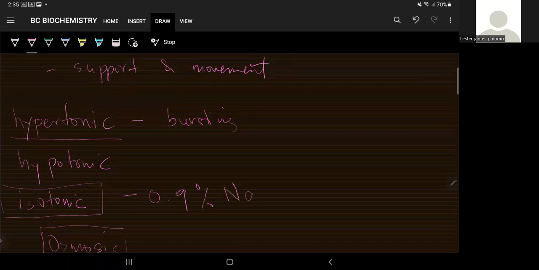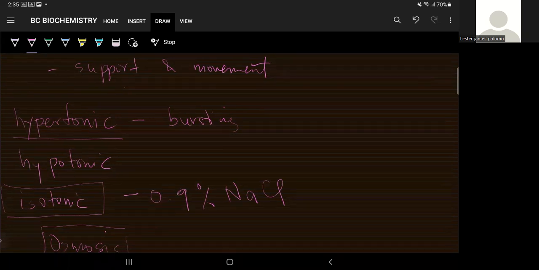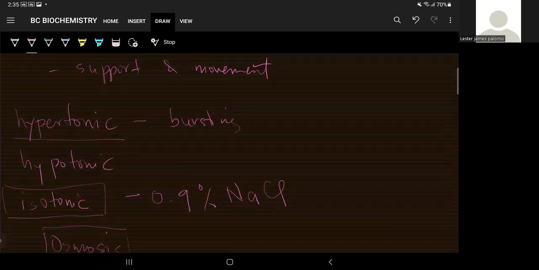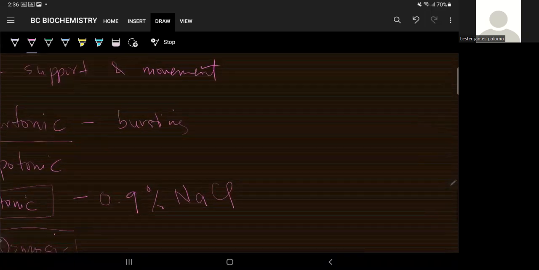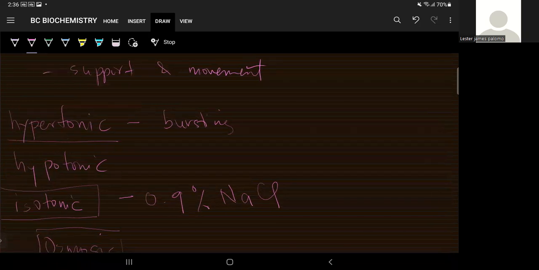Particularly, for example, in your application to medical practice, 0.9%, di ba? Plain NSS, sodium chloride, is an isotonic solution. More than that or lower than that, then that is hypertonic and hypotonic.